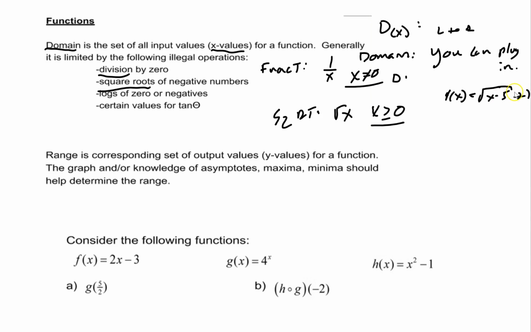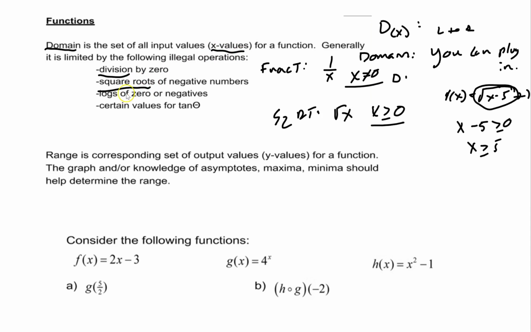I don't care about the plus 1 at all. It's all about the part under the radical. The radical cannot be negative, so x minus 5 has to be greater than or equal to 0. Then you solve it: x has to be greater than or equal to 5. That's your domain. So fractions, you can't divide by 0, stuff we know already, so the denominator cannot equal 0. Square root, you can't have a negative under the square root. So that's your domain.